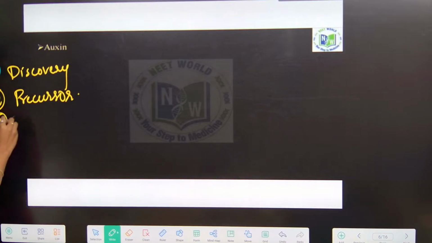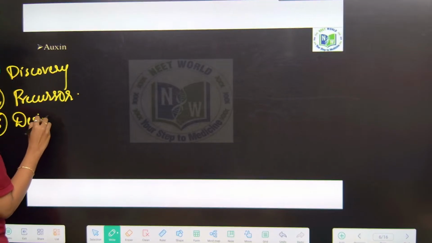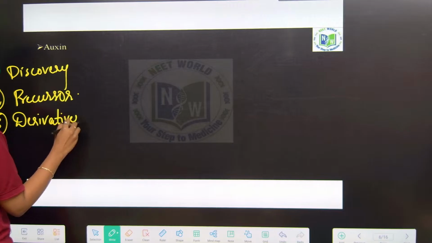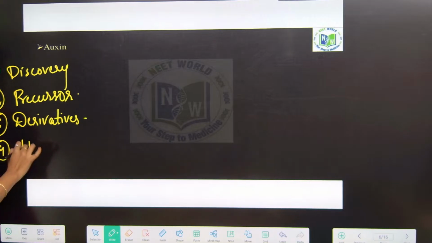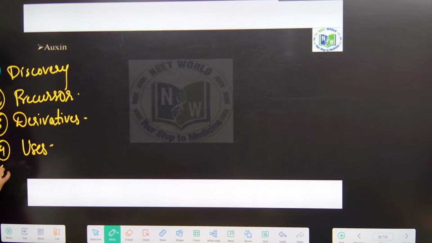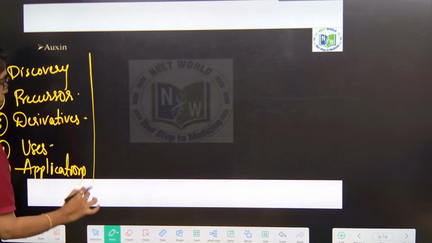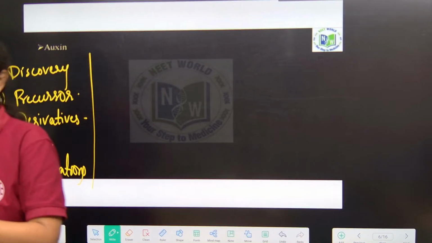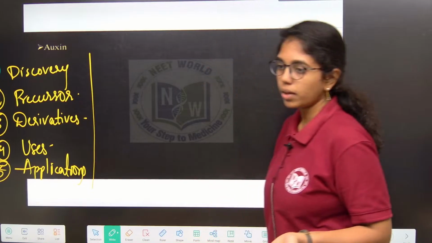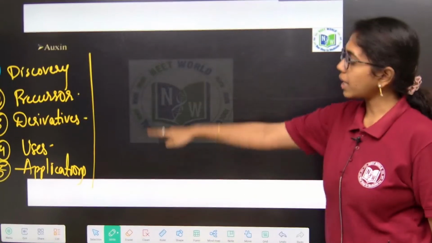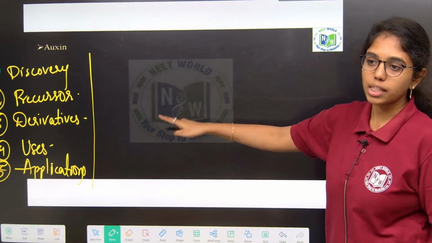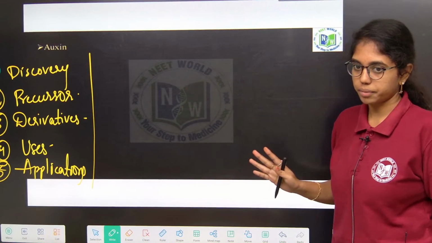Third, derivatives of each hormone. Fourth, uses of each hormone. Fifth, applications. These are the 5 points you have to cover with each and every hormone. Even when you are revising, make a checklist of these 5 points to check whether you are covering them for each hormone.